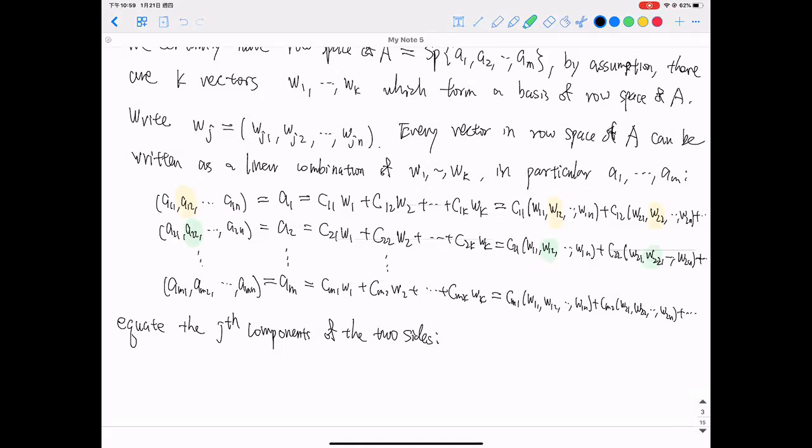And so on. So for the last equation, we'll be looking at AM2 and W12, W22, and likewise.